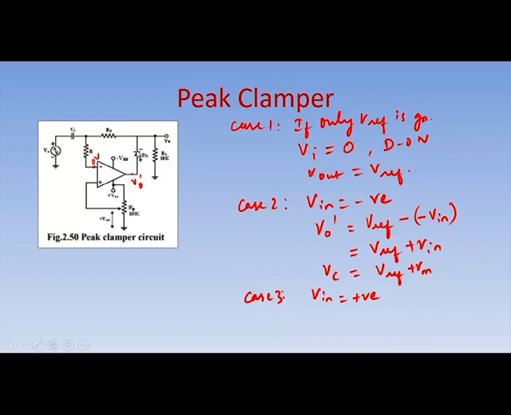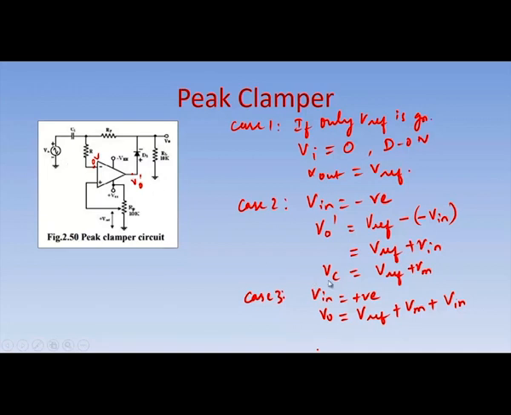If the diode is not conducting, then the output voltage will be the input voltage plus the capacitor voltage. What is the capacitor voltage? Previously in case 2, it is V reference plus Vm. So, the output V out is equal to V reference plus Vm plus Vin. This is the voltage at the output if the input voltage is positive.